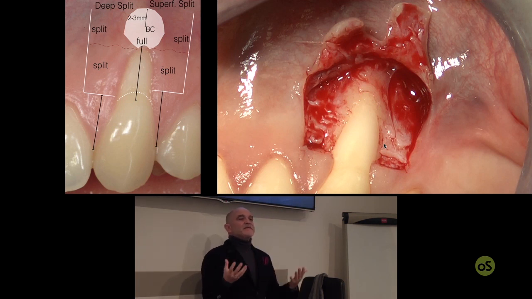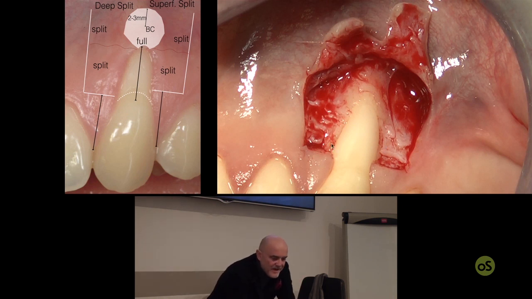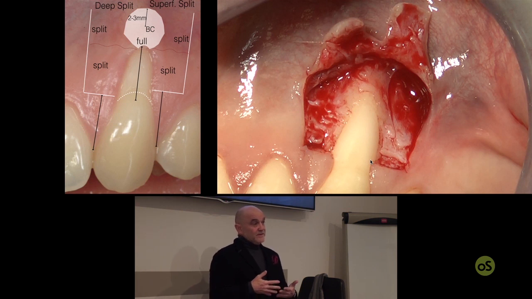And once the cells of the periodontal ligament colonize the blood clot, this blood clot can be transformed into new cementum, new connective tissue fibers, and theoretically also new bone, because the cells coming from the periodontal ligament are totipotential.